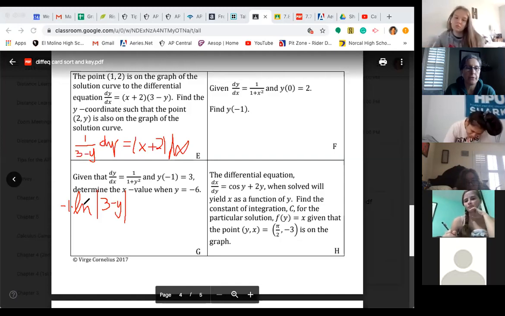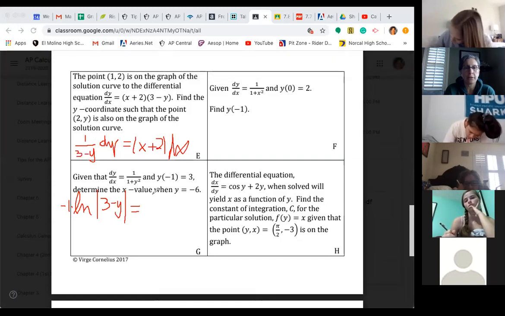The derivative of ln something is 1 over that something, times the derivative of the inside. The derivative of the inside is a -1, which cancels out the -1 out here. So that checks. And then on the other side, the antiderivative of x is 1/2 x squared.